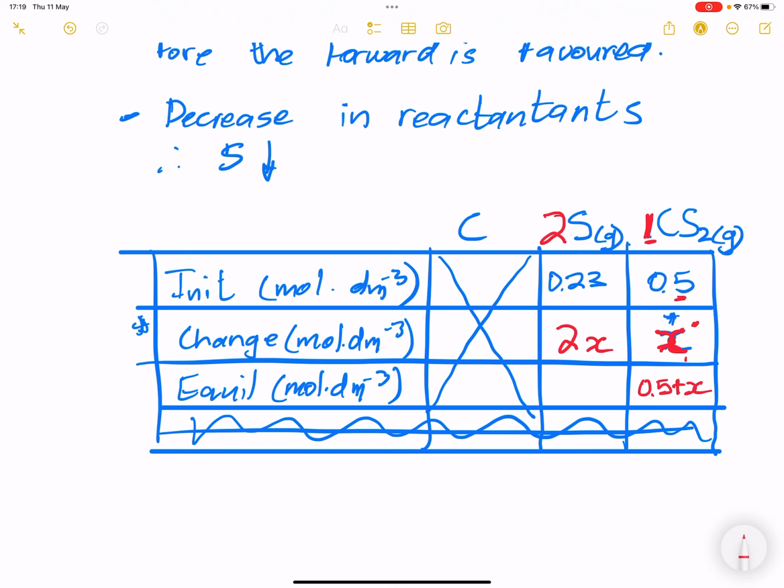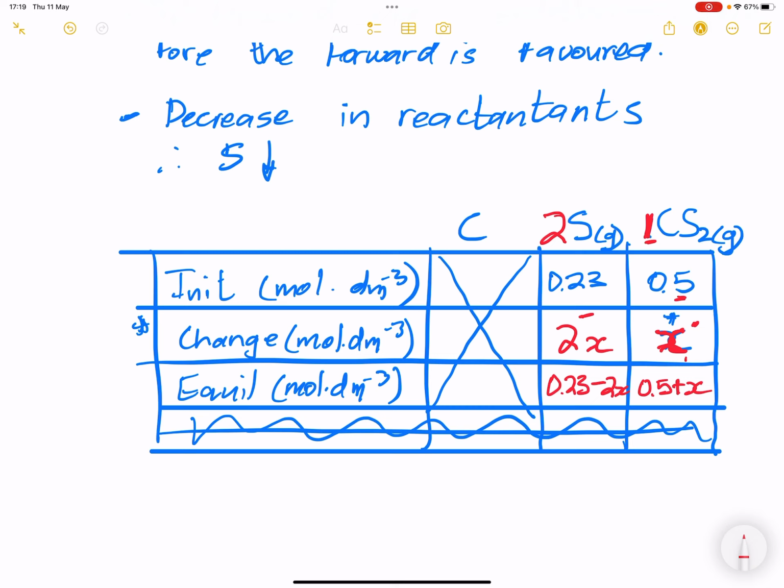And of course, sulfur in this case will decrease, so I started with 0.23, I decreased by 2x, so what you have is 0.23 minus 2x. Remember, you would have used the reactants in order to form the products.